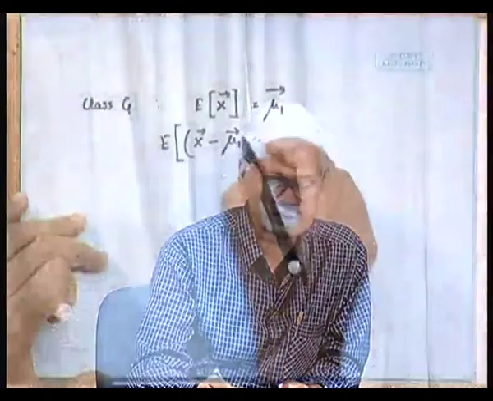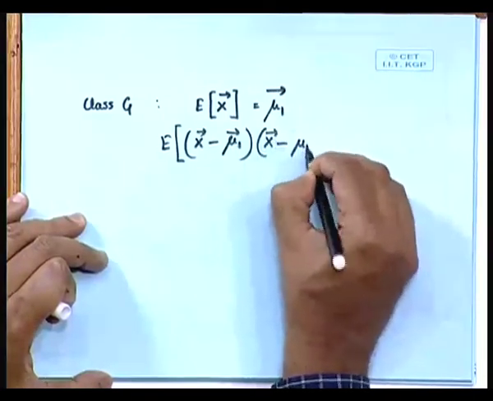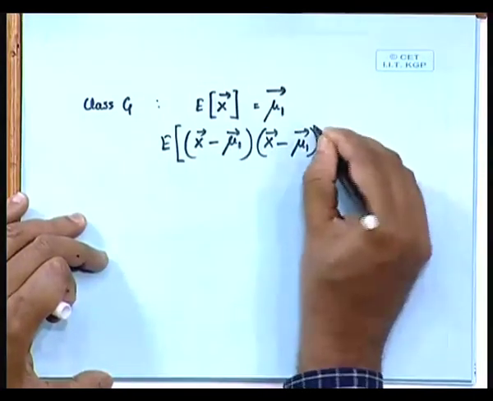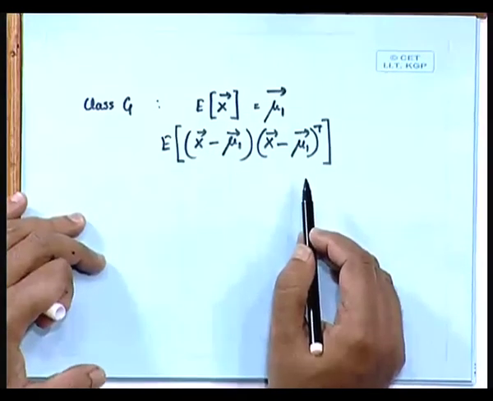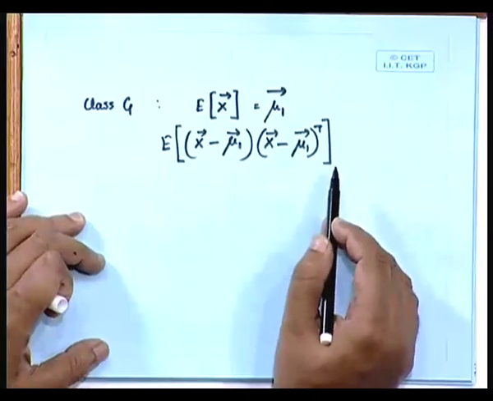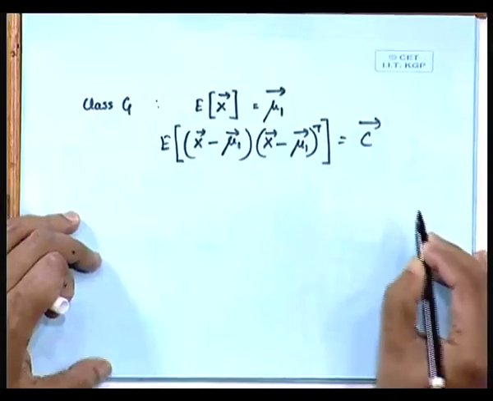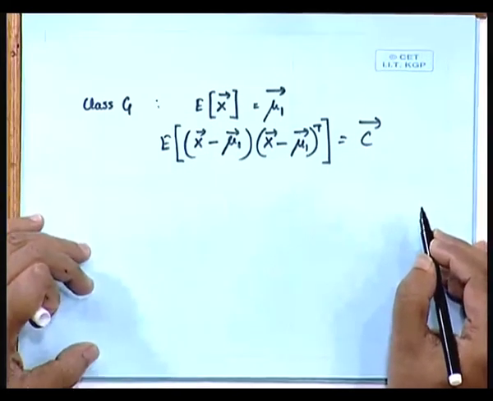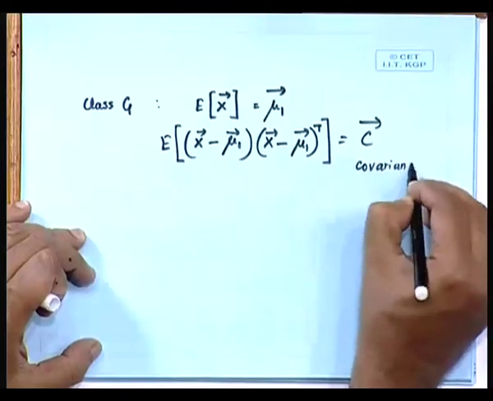It should be the expectation of (x minus mu 1), all in vector notation, times (x minus mu 1) transpose. By taking this outer product, we get a matrix, and that matrix we call the matrix C, which is nothing but the covariance matrix.